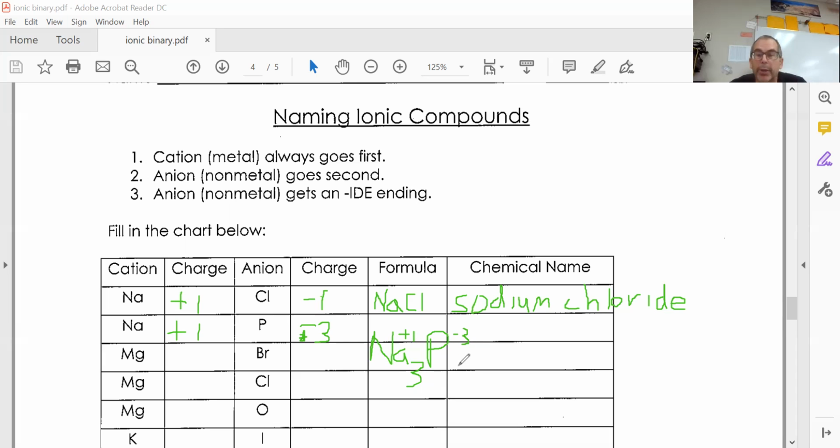I don't put the 1 in there usually. And that would be the balanced chemical formula, Na3P. You don't have to keep the charges in there, but sometimes it's nice to have that, like showing your work. I don't think it's a problem if you leave them in.